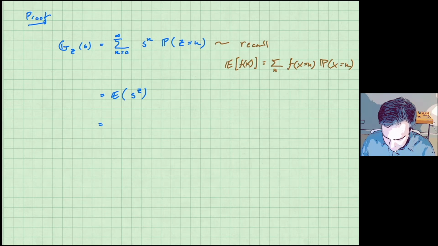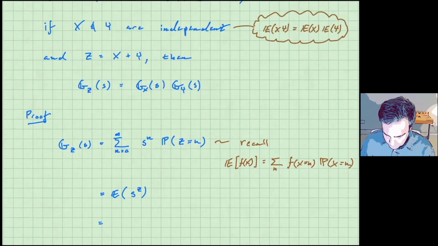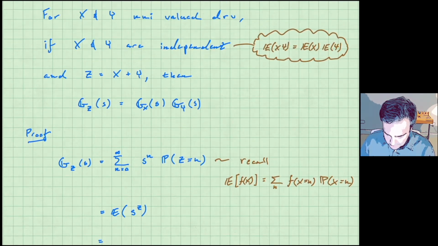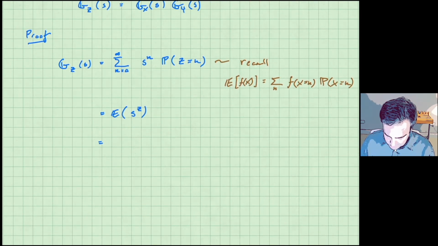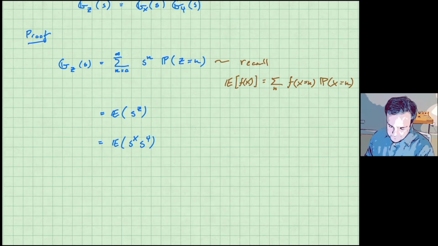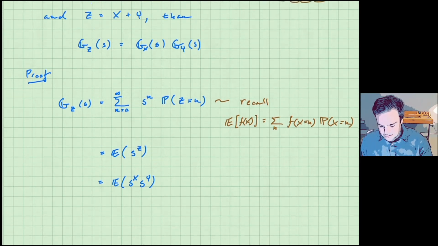And so now let's just put in what this thing is. So s to the Z, if you go back up here, Z is X plus Y, right? So s to the Z is s to the X times s to the Y. And it's kind of a clue, you should sort of see this coming.